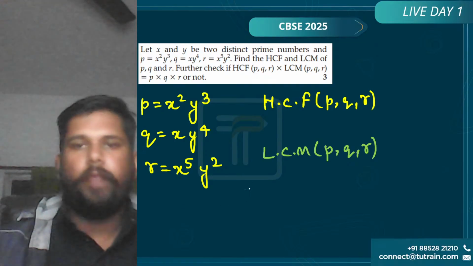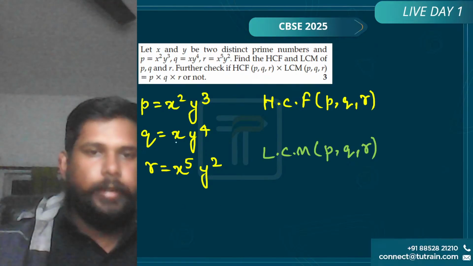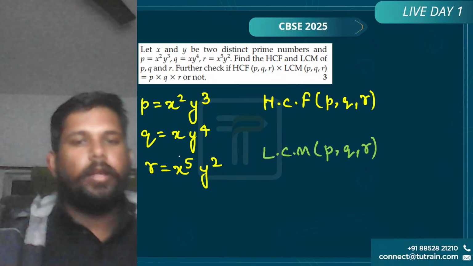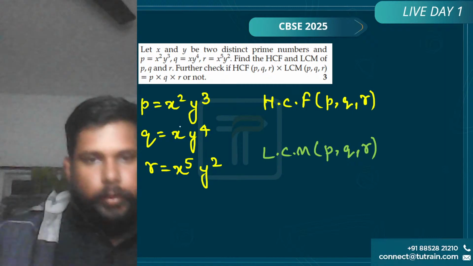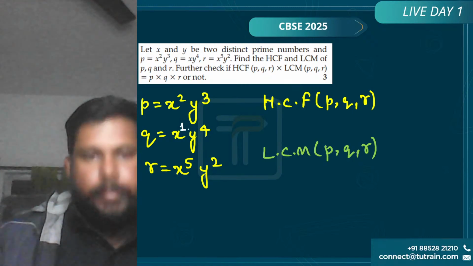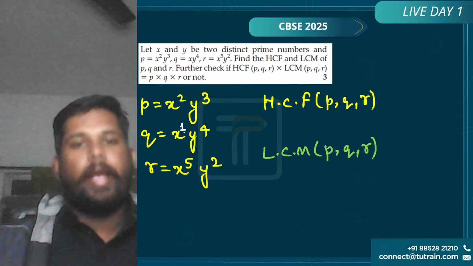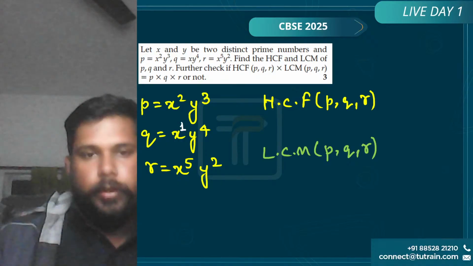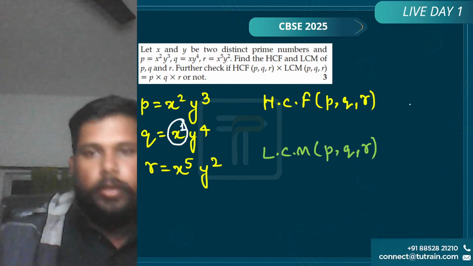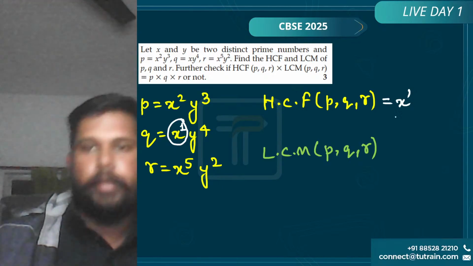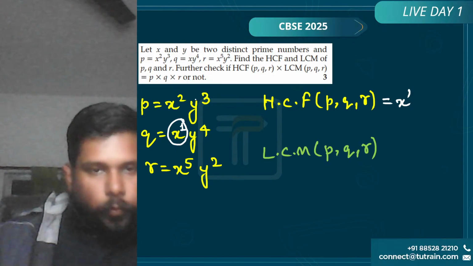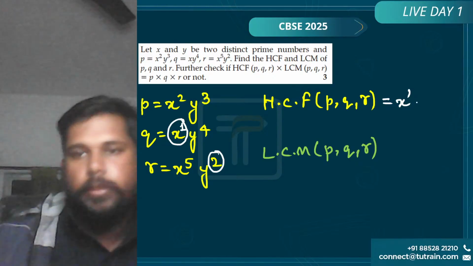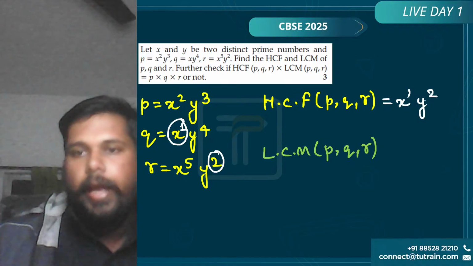So to find the HCF, for x you take the variable with the least power. For the HCF we take the lowest possible power, so it is x to the power 1. Now same for y: y square is the least possible. So the HCF will be x y square.